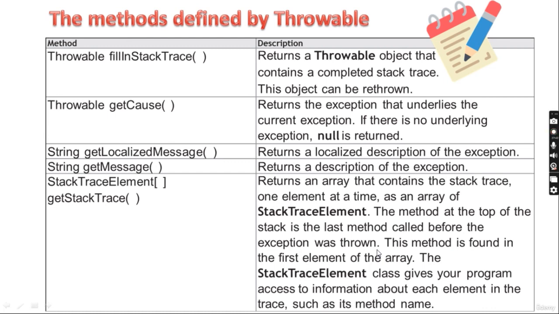So the first method called goes into the first index, that is the bottom. After that, the next method call will be put, then the next, and in the last you will have the last method called. This method is found in the first element of the array. The StackTraceElement class gives your program access to information about each element in the trace, such as its method name. It will give you complete information.